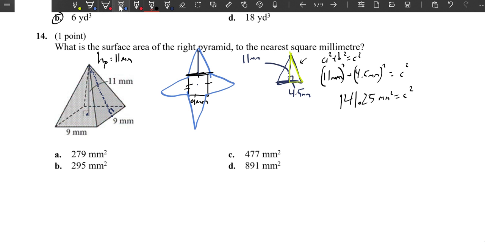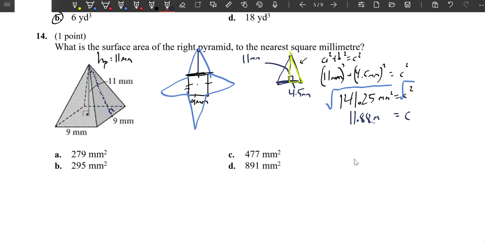And then if I take the root of both sides, I can get c. So if I'm looking just for c, I take the root of 141.25 and I get 11.88 and a bunch of other junk. 11.88 millimeters. And this is not the precise number. Keep the whole number in your calculator.